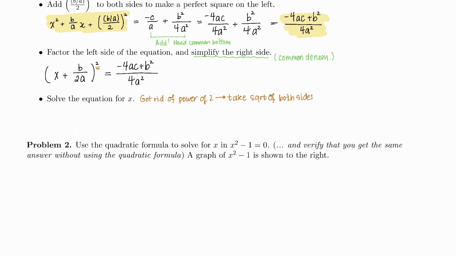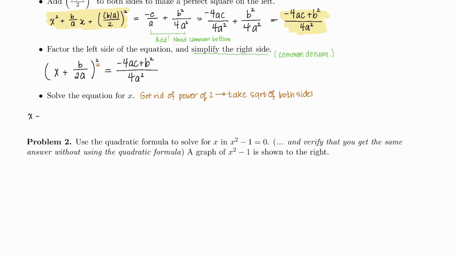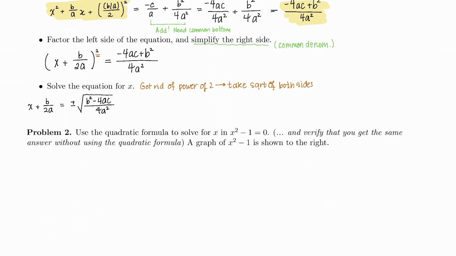When I do that, I get x plus b over 2a equals plus or minus the square root of b squared minus 4ac all over 4a squared. Then to solve for x, I'll subtract b over 2a from both sides.